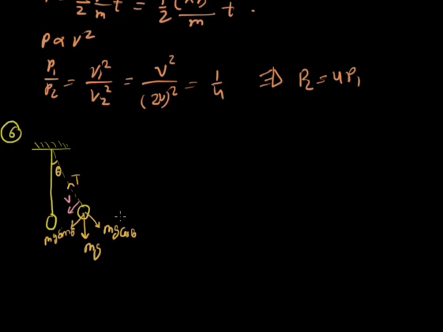Now in this question, you are given a simple pendulum at an angle theta from its mean position. Its instantaneous speed is v. You need to find the power provided by this pendulum at this time.